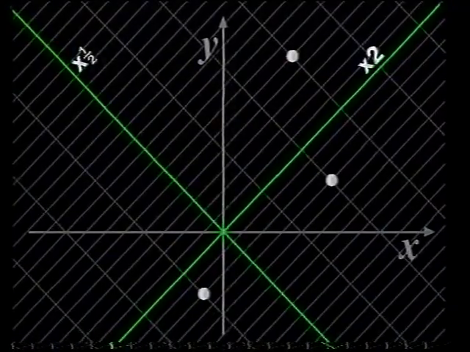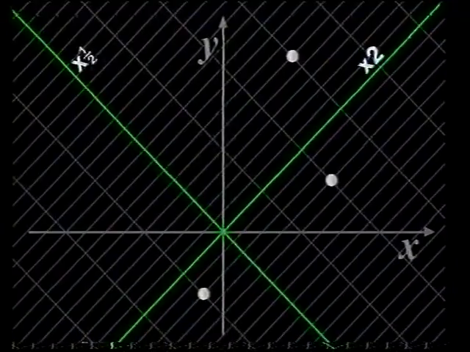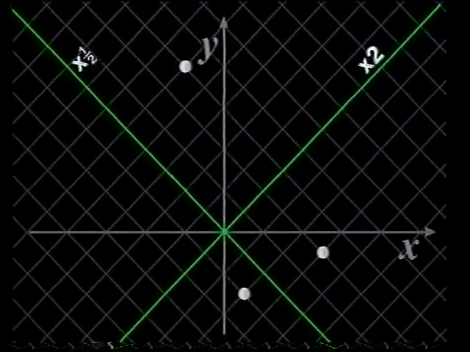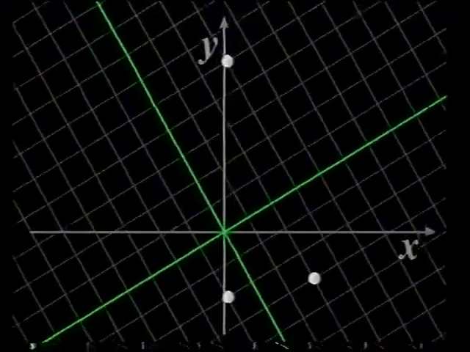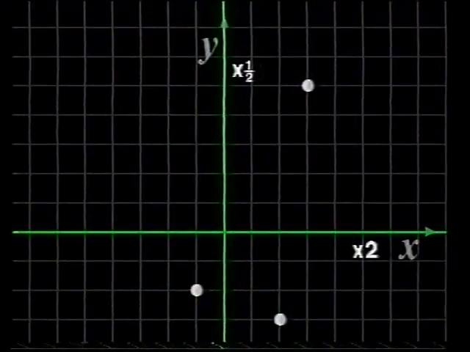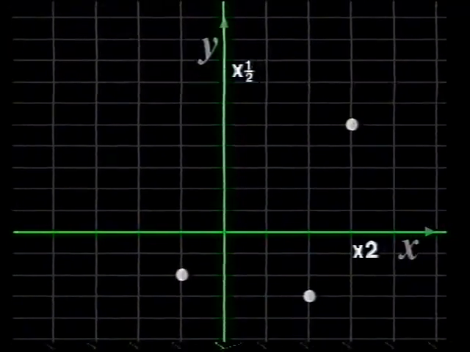Now here we've been looking at what happens when we apply the original transformation matrix directly. Let's now see what happens when we apply the equivalent 3 transformations. First of all, we rotate the points clockwise through pi/4, taking the grid with us. The next transformation doubles the x-coordinates and halves the y-coordinates.